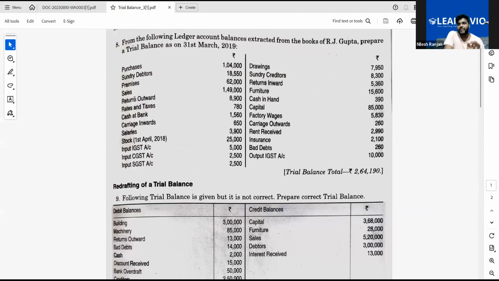So I will write all the details: assets will go on the debit side, liabilities will go on the credit side, any income will be on the credit side, any expenses will be on the debit side, opening stock will be on the debit side, closing stock will not be written in the trial balance. Any capital will be on the credit side, drawings will be on the debit side. Input GST will be on the debit side, output GST on the credit side.